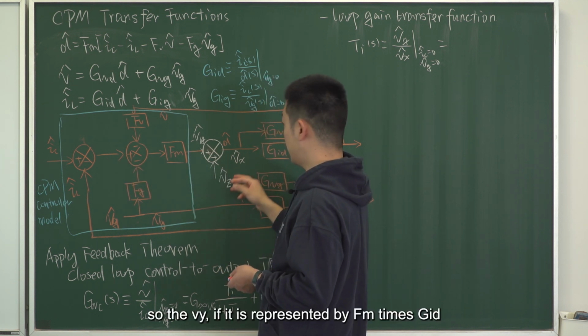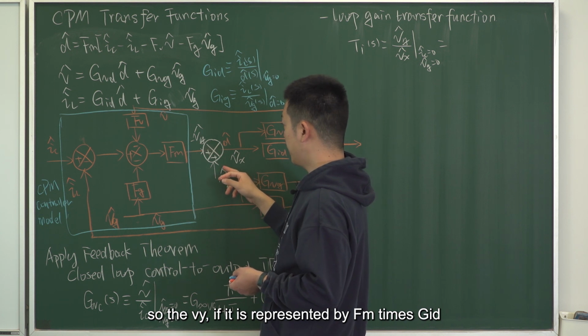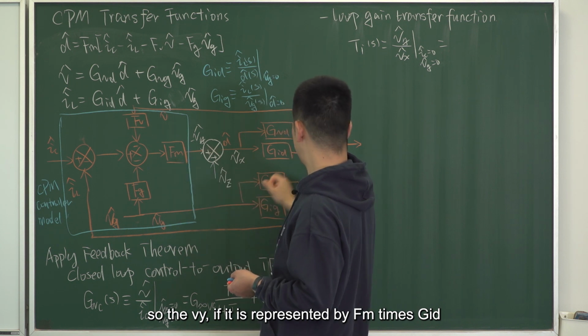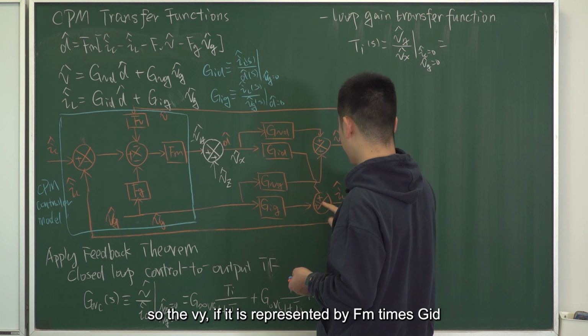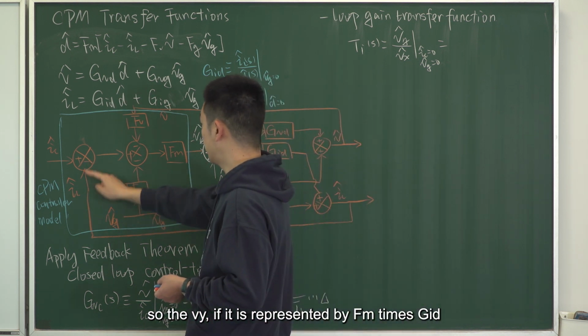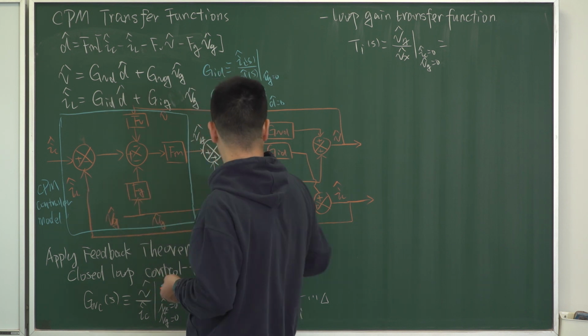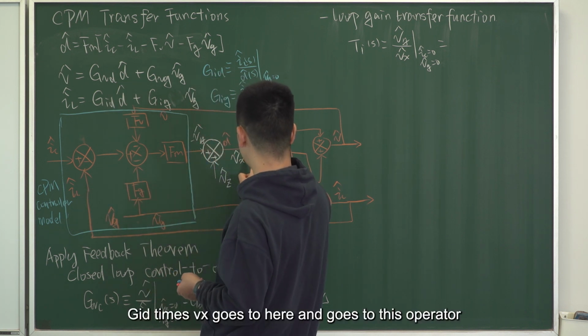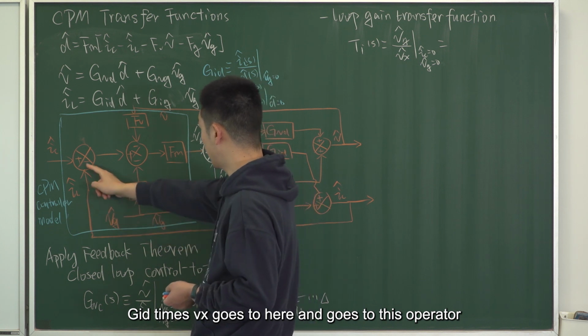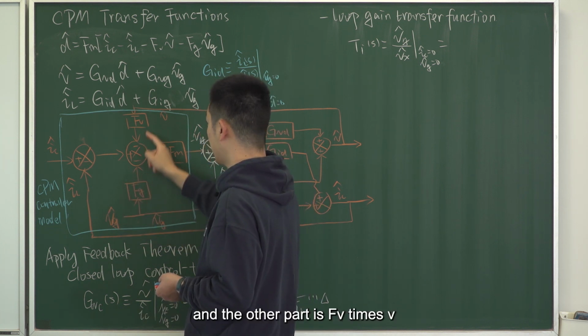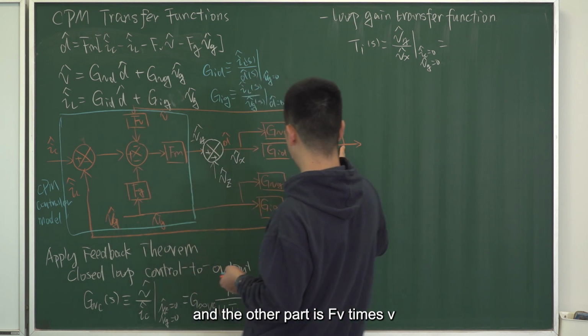So the Vy is represented by Fm times GID. Ic is 0, GID goes here, GID times Vx goes to this operator. And the other part is Fv times V.